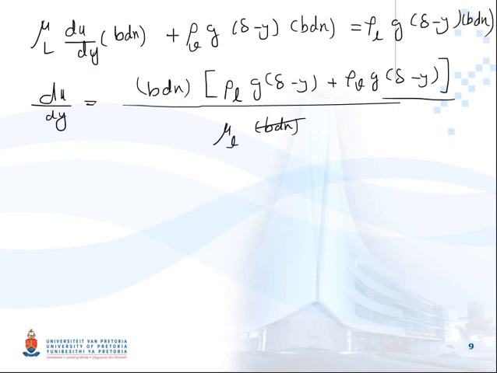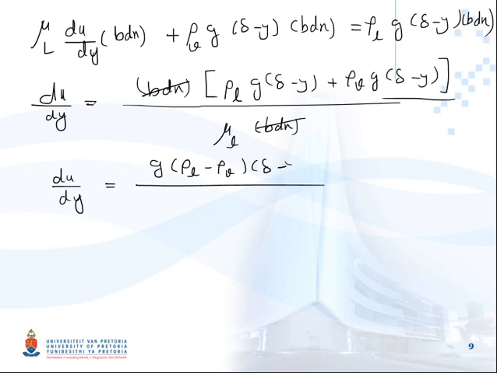So du/dy is equal to g (rho L minus rho v)(delta minus y) over mu L.